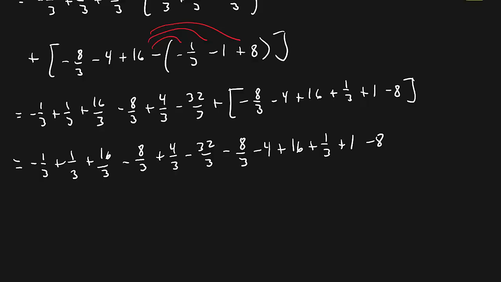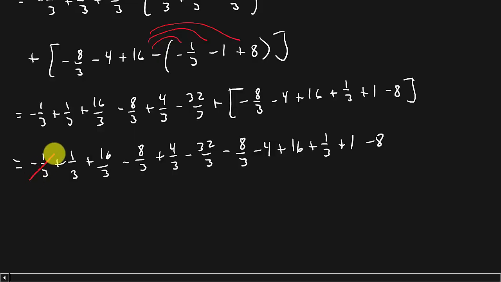All right, so now look at this. Do you see how that 1/3 and that 1/3 is going to cancel? And then if you look at this, negative 8/3 minus 8/3 is negative 16/3. So those two are going to cancel out with that 16/3.